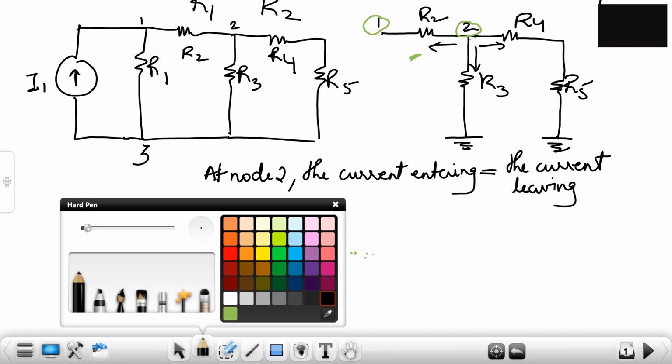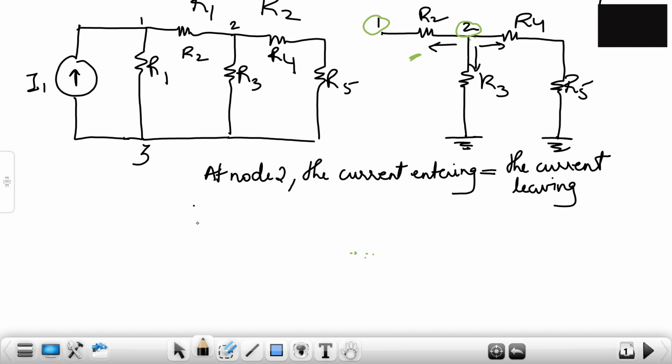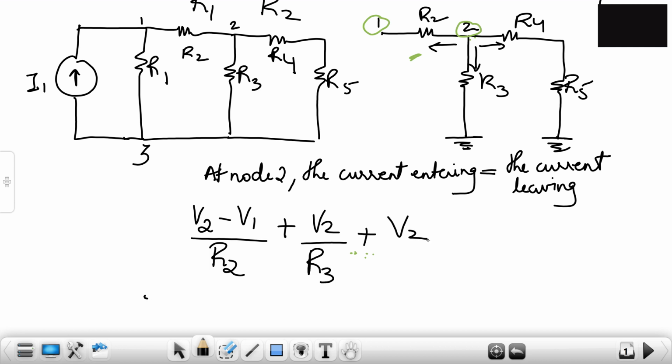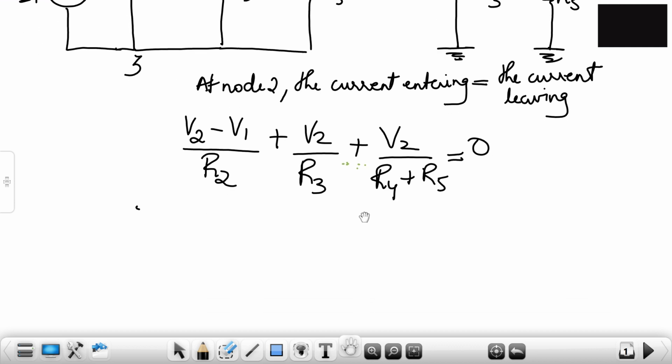So if we rewrite the equation, it will be V2 minus V1 upon R2 plus V2 upon R3 plus V2 upon R4 plus R5 is equal to 0. So this is the KCL that is applied at node 2.